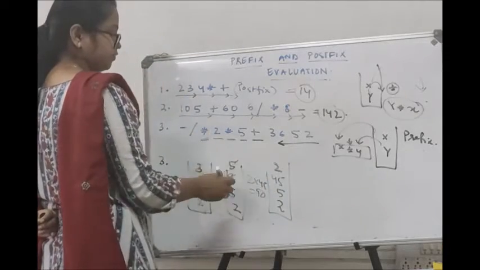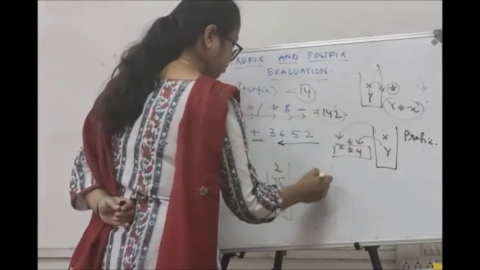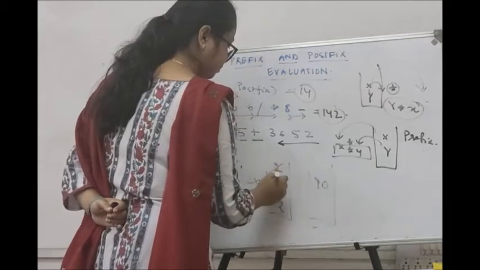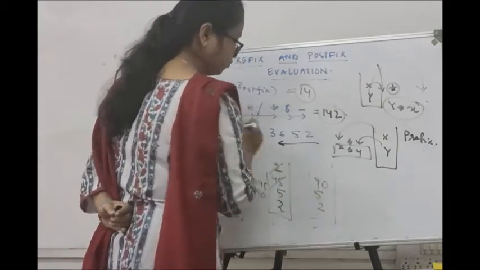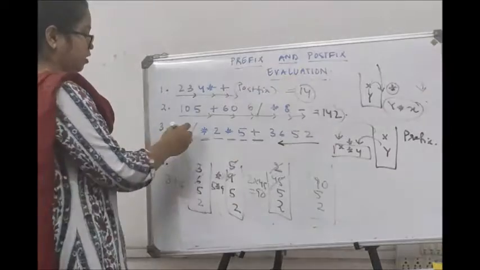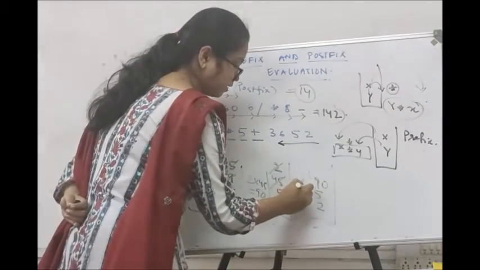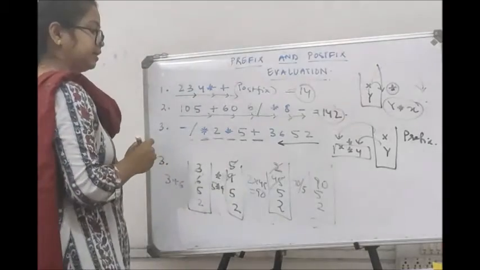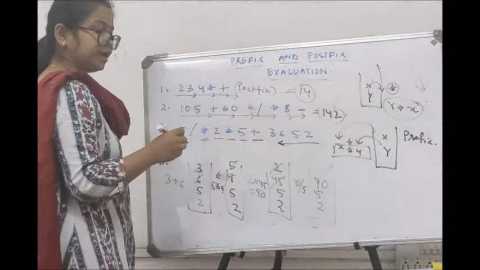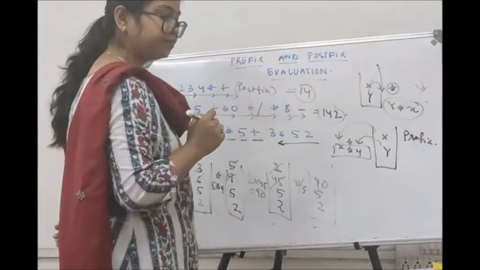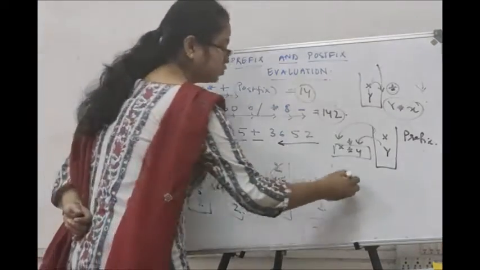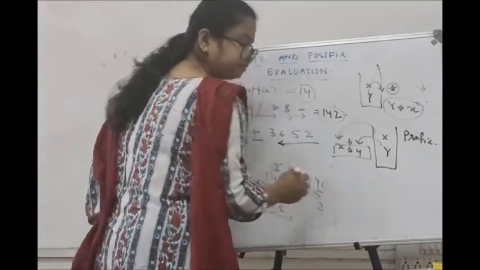So this star is being evaluated and put. So 90, 5, 2. This is how it is. Yeah. Then divide. When divide comes, 90 divided by 5 we have to do. 90 divided by 5 is what? 18. Okay. So 18 is pushed into the stack.